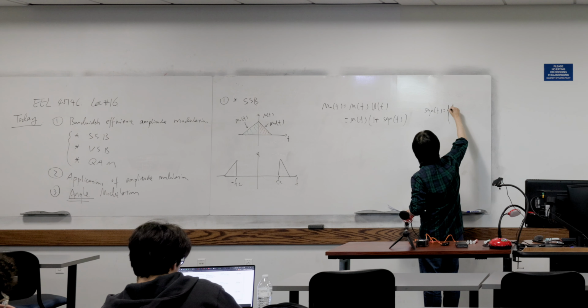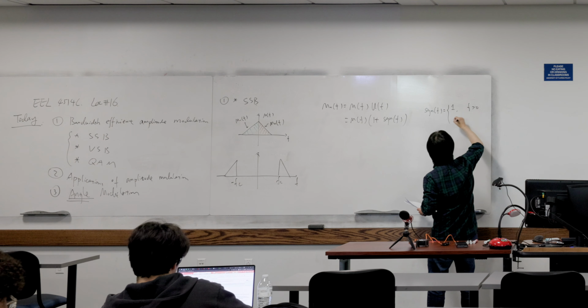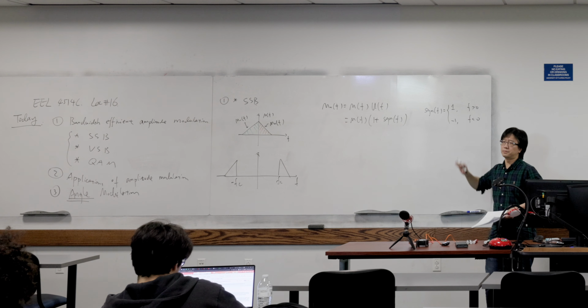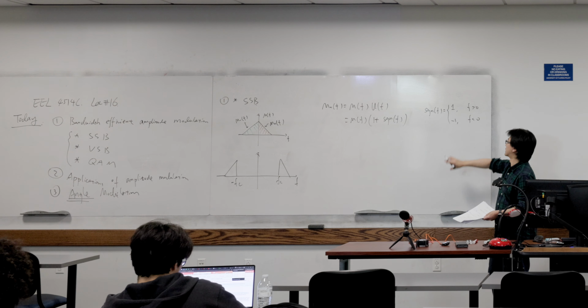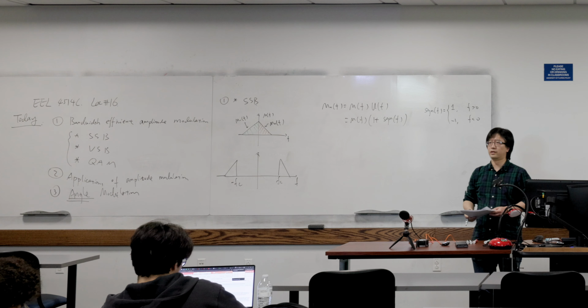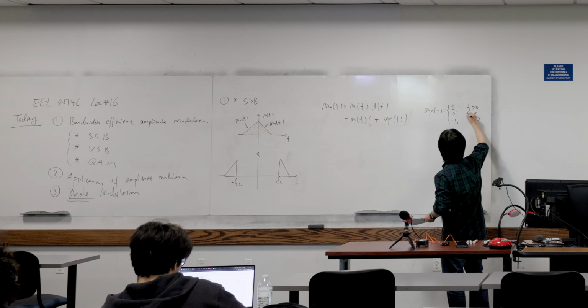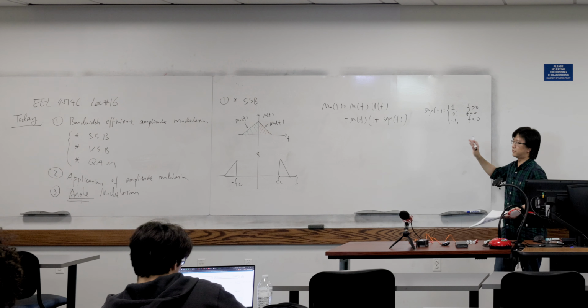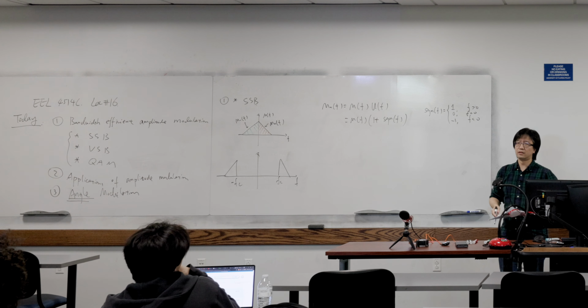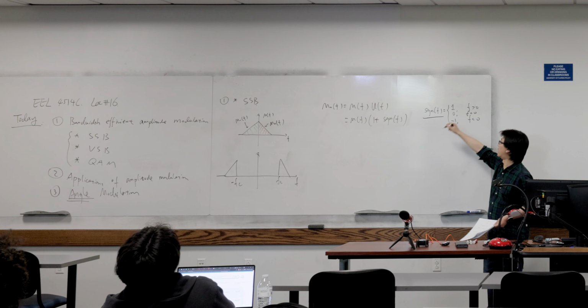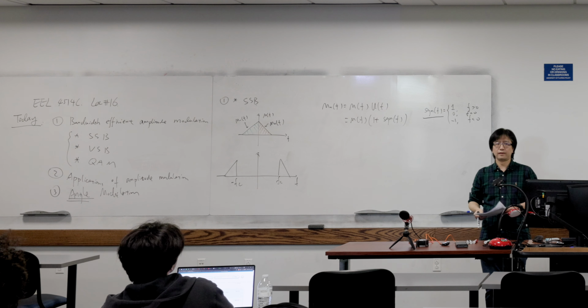It is 1 if F is bigger than 0, and minus 1 if F is less than 0. In the middle, it will be just 0. In the book, it was written a different way, but it will be 0 when F is 0, because for the Fourier transform, a single point really doesn't matter. And later, we want the signal to be an odd signal, so F0 has to be 0.